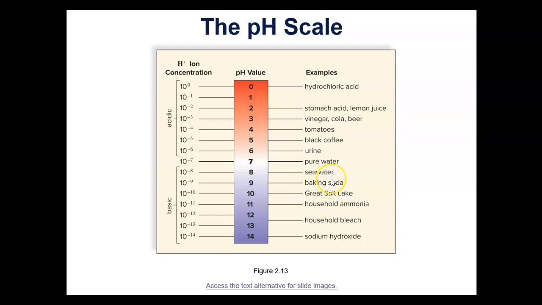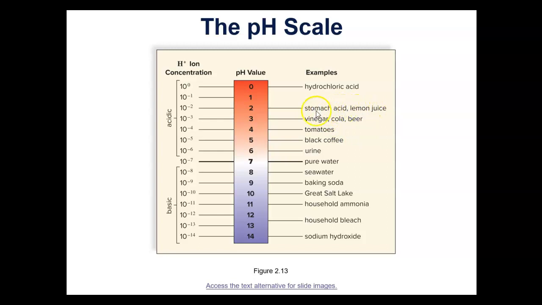Seawater is slightly basic. Blood is not on here, but blood is slightly basic. It's like 7.35 to 7.45. Then we've got acids. Urine is a weak acid. Then coffee, tomatoes, vinegar is a stronger acid. Your drinks like your Coca-Cola products, sodas are going to be acidic.